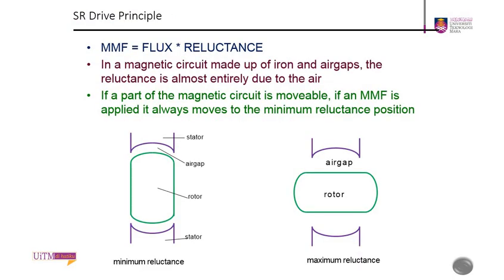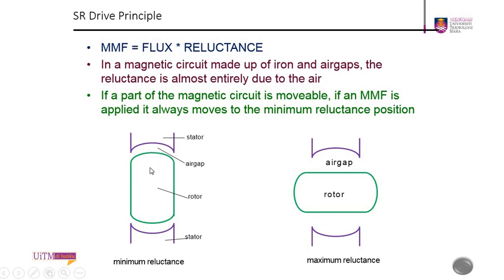So let's look at the drive principle. As you know, the MMF, the magnetomotive force, is equal to the flux times the reluctance. In a magnetic circuit made up of iron, you have your rotor made of iron, and between the rotor and the stator you have air gaps.